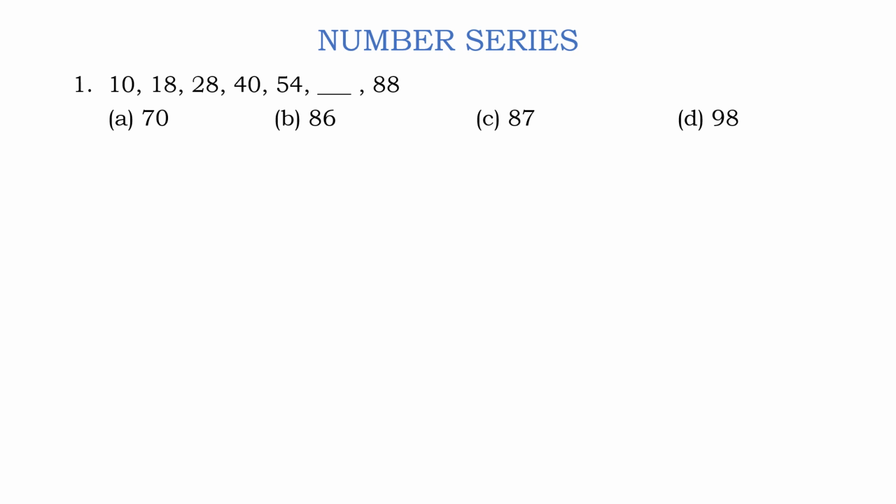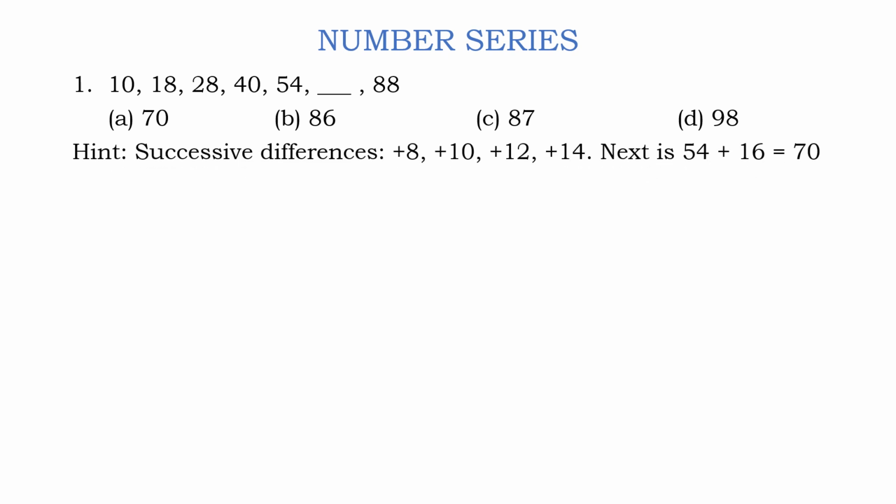Now if you observe the formation of this series, the successive differences between the numbers are like this: 10 and 18 differ by 8, 18 and 28 differ by 10, 28 and 40 differ by 12. So the successive differences are plus 8, plus 10, plus 12, plus 14 and so on. So the next difference should be 16.